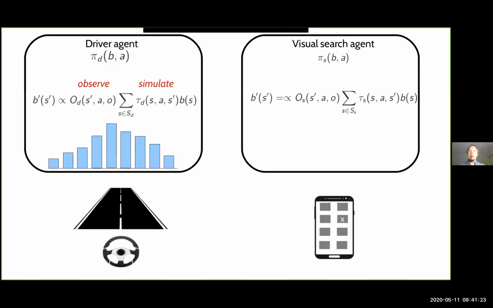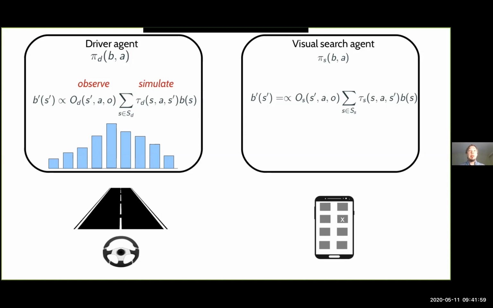In the beginning, its belief is flat, so each of these hidden rectangles has equal probability of having the visual search target, and then the agent starts to uncover these by looking at them until it finds the correct element. So you will see that both of these agents require observation. The visual search agent is not able to proceed in its task if it doesn't have observation ability, that is, if it doesn't have the visual attention.